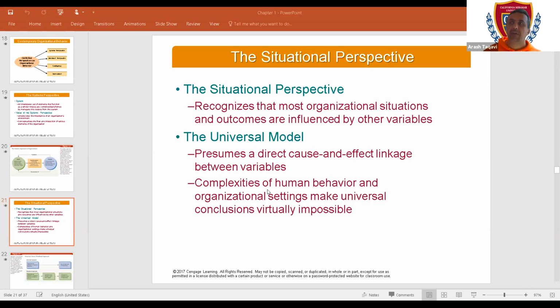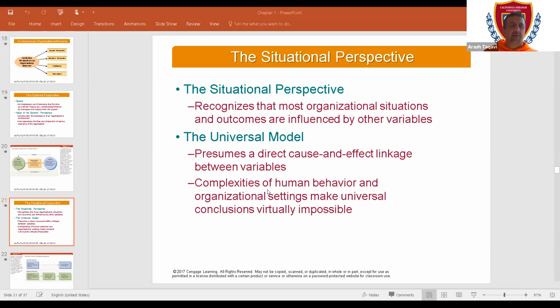What we call conflict resolution, or conflict solutions, is about finding the cause and effect linkage between different variables that apparently we see that there is no cause and effect linkage. But after understanding the linkage, we can find good solutions for the problems. And the complexities of human behavior and organizational settings make universal conclusion virtually impossible.